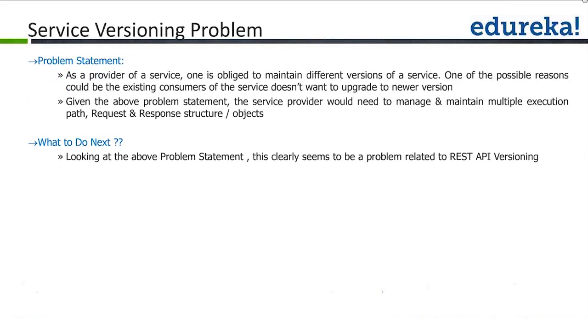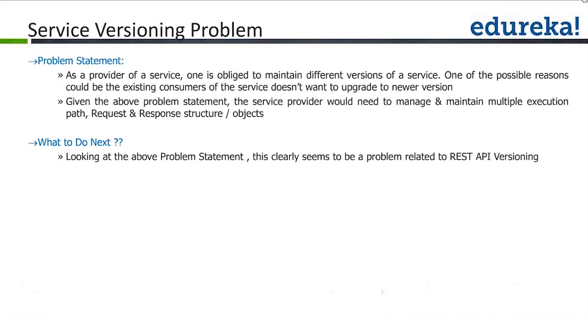So now we just have one last exercise to look at, because we always see some concepts, and the very next moment we see some exercise around it, so that we understand it better from a real life standpoint. So the problem statement is, as a provider of the service, one is obliged to maintain different versions of the service.